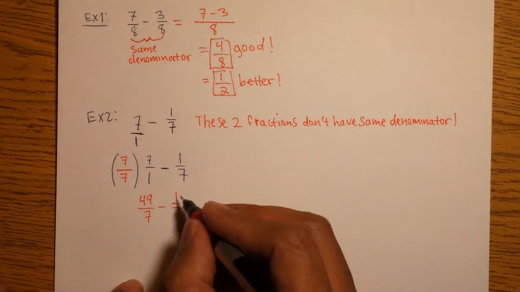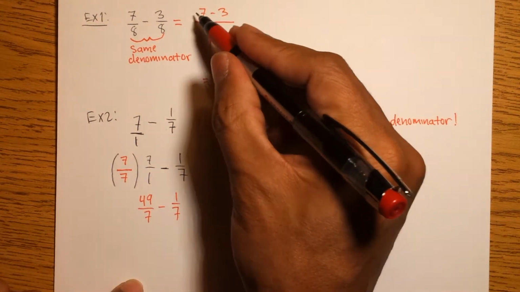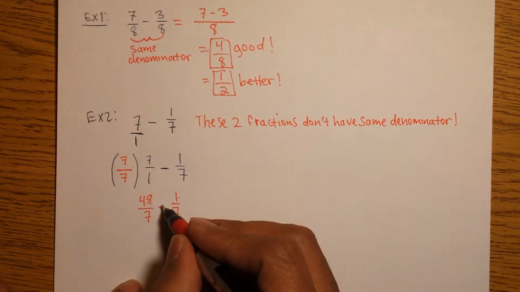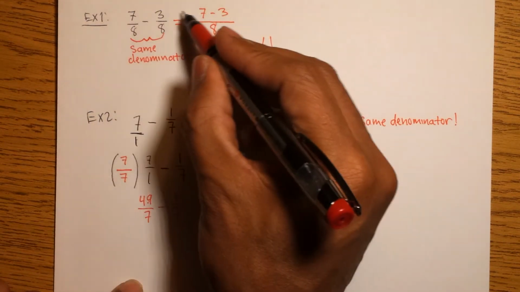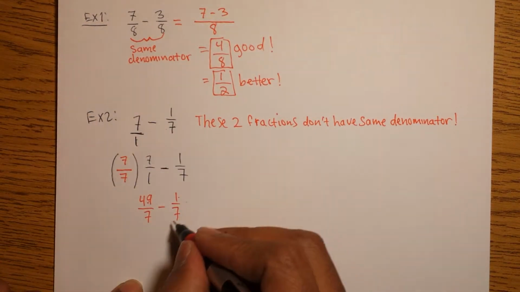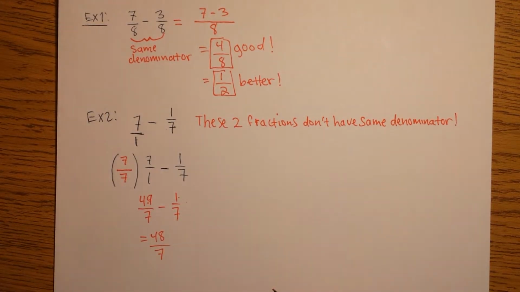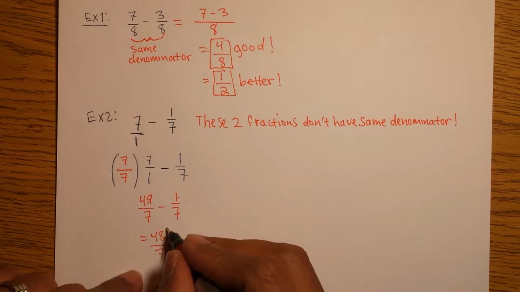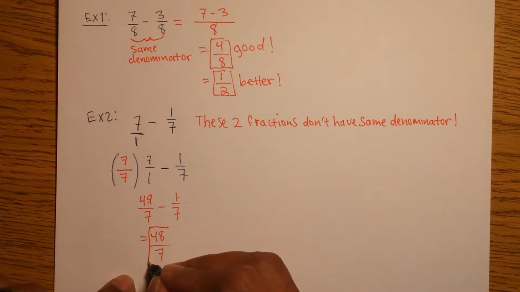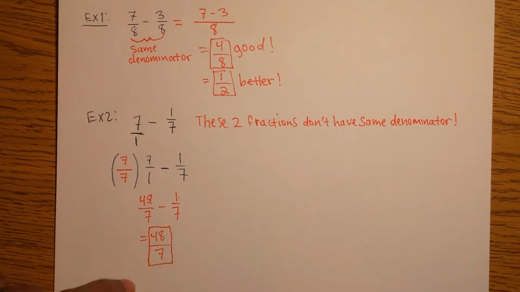Okay, so then we do the same as we did here. 49 minus 1, just like this one here, that gives you 48/7, and this, I'm going to accept it for this class purpose the way it is.